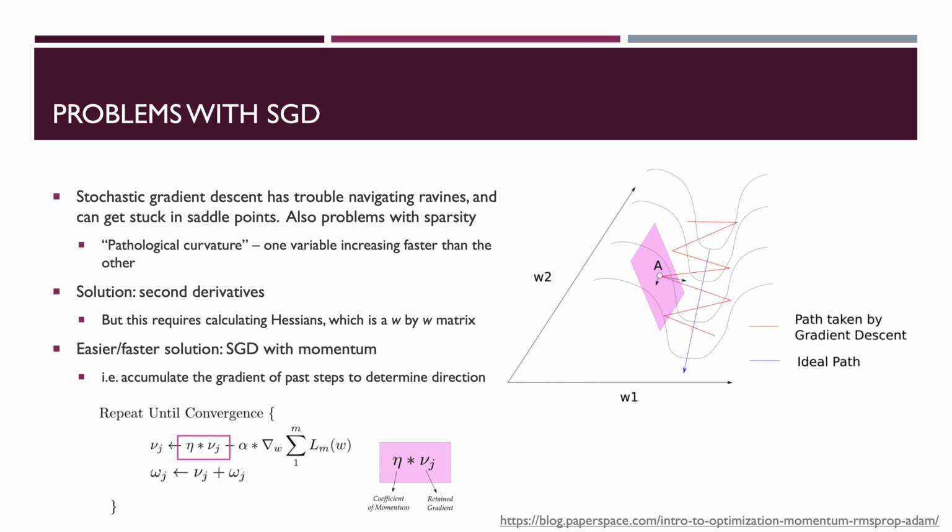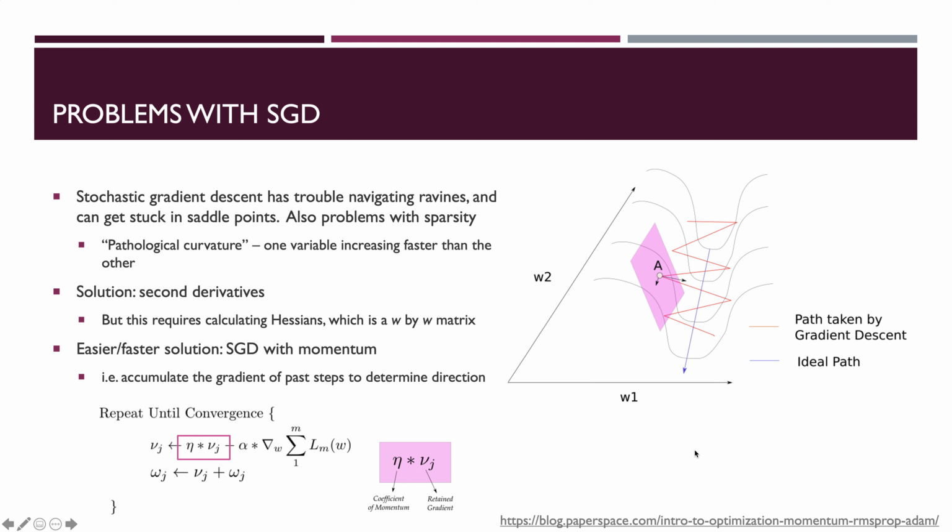Now, stochastic gradient descent is fast and works well in a lot of situations, but there are some cases where it struggles, such as navigating ravines, getting stuck in saddle points, or when the data is really sparse. So looking at these ravines, this is known as pathological curvature, where one variable is increasing faster than the other, like in this picture.